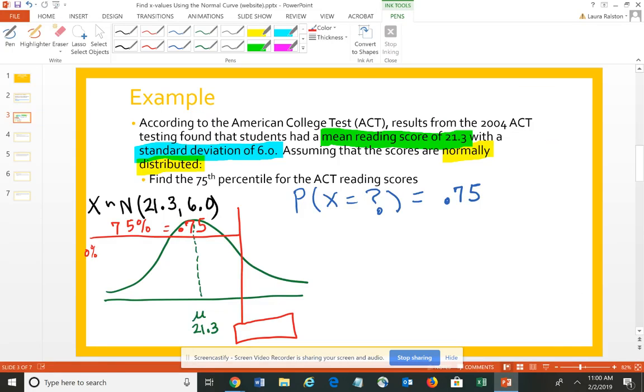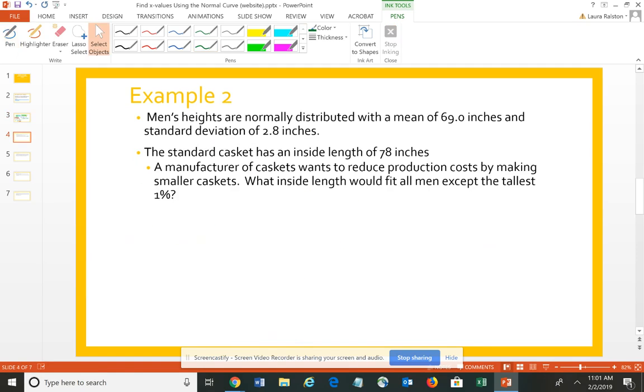So our cutoff value would be 25.345. The 75th percentile corresponds to an ACT score of approximately 25, or approximately 25.3. You usually see it as 1 decimal place. All right, moving on.